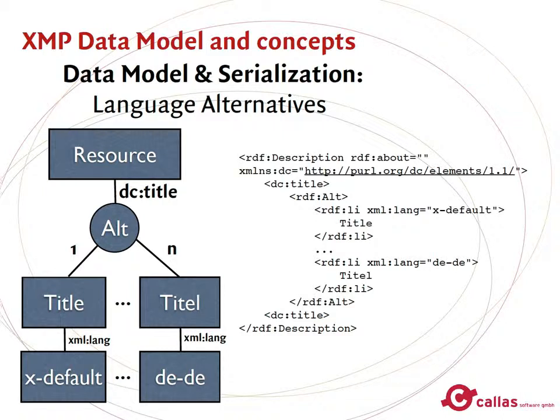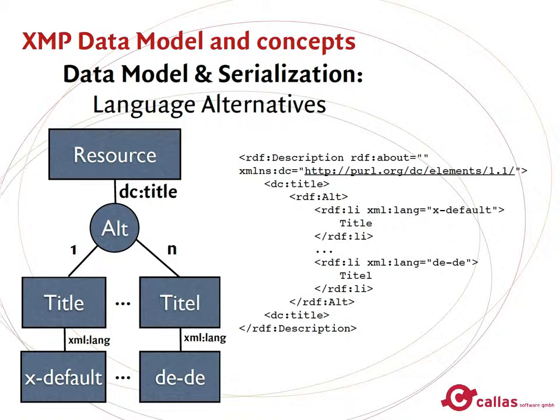That's an array that describes alternatively to use data inside a list, and we have list nodes that themselves again have a value. So in this case we have the value "title" or "Titel" in English and German, and we have in this case property qualifiers at the bottom of the diagram.